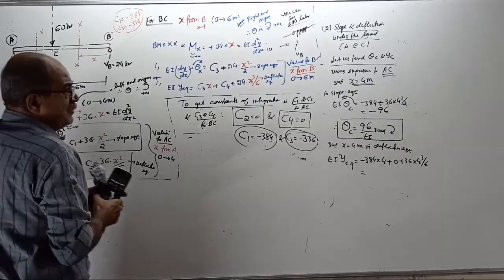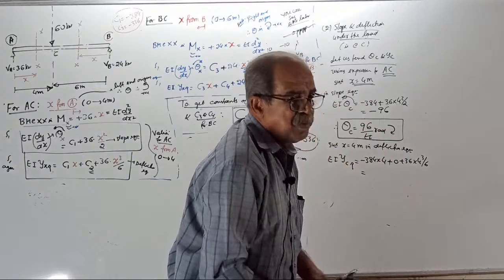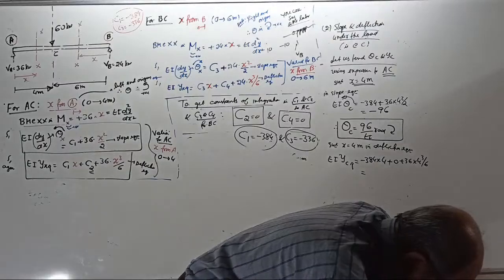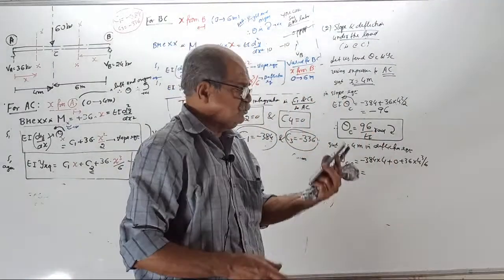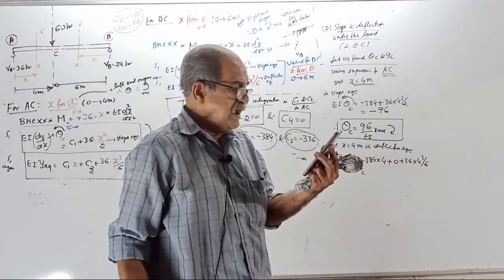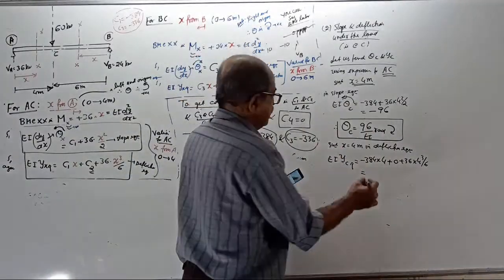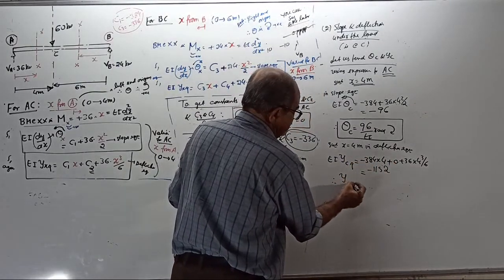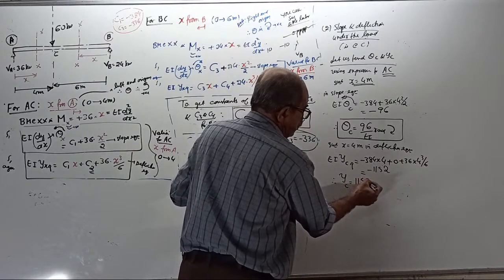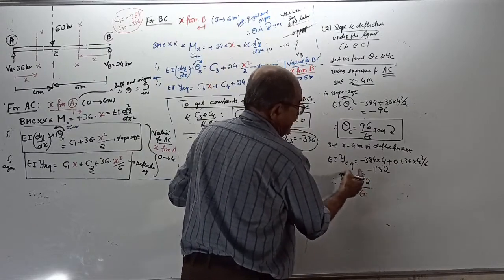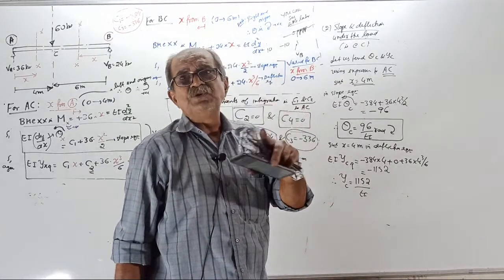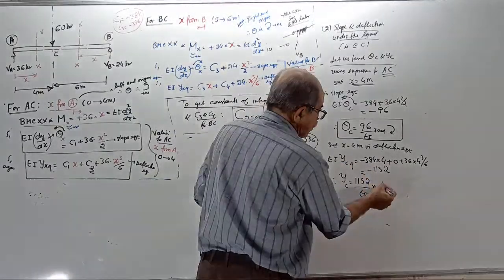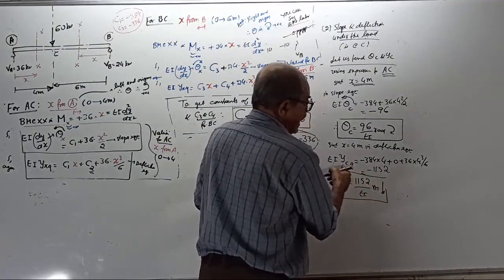This answer has to come minus 1152. Tell the answer. Therefore, deflection at C equals 1152 by EI. The problem is solved in kilonewton and meter, so deflection will come in meter. Negative means downwards, because upward is positive.